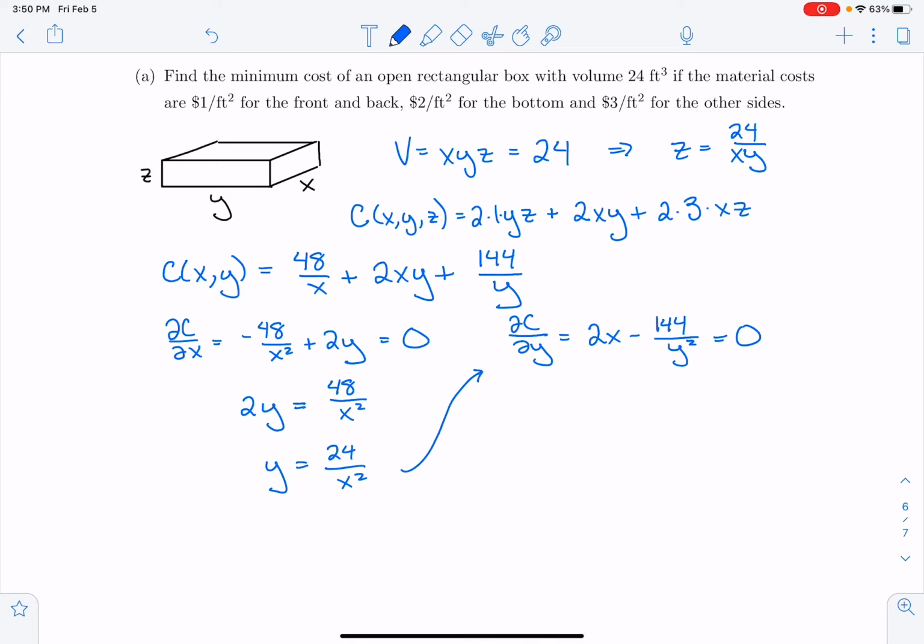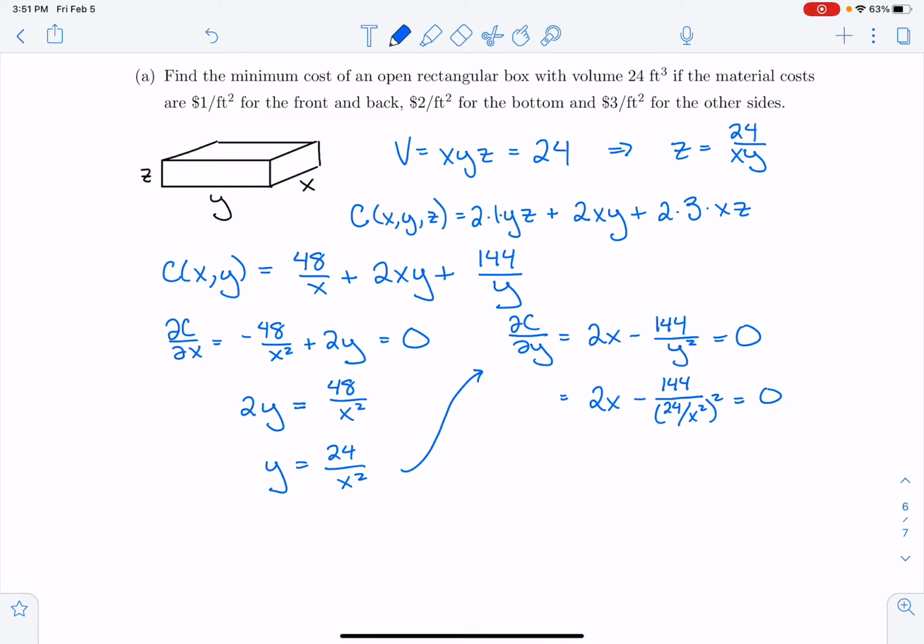Okay, so this is going to be 2x minus 144 divided by 24 over x squared. I'm going to set that equal to 0. Okay, so let's see.